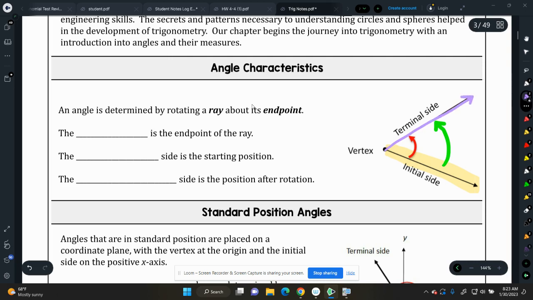Pretty straightforward, right? So the initial side is the starting position, and the terminal side is the position after the rotation.